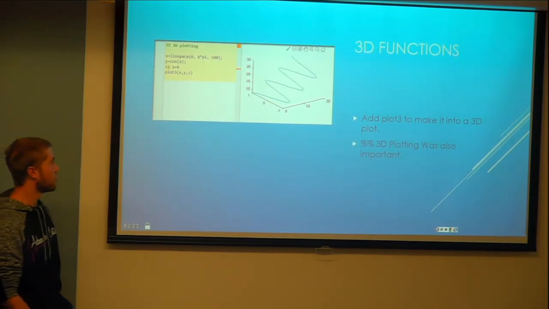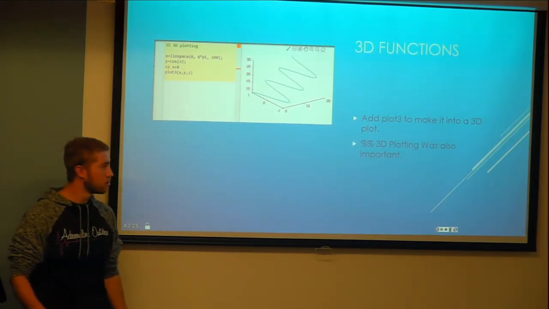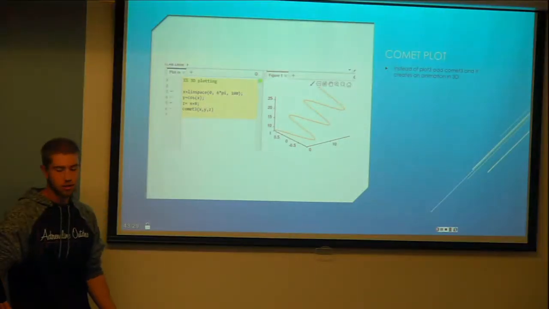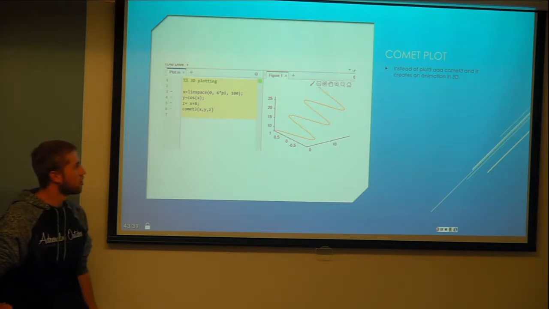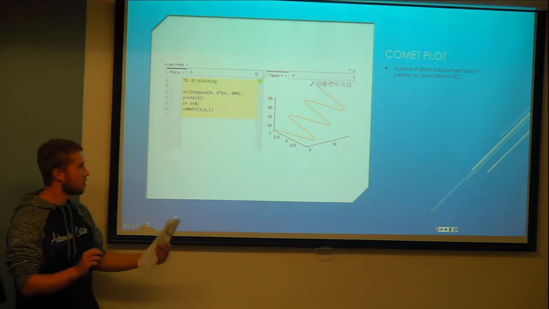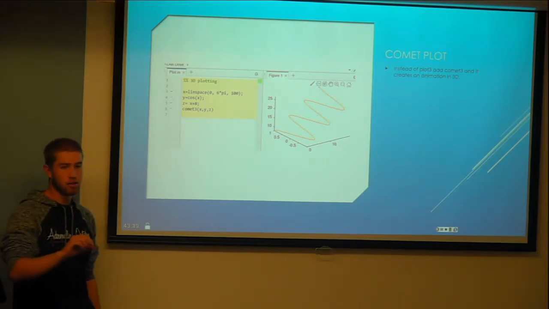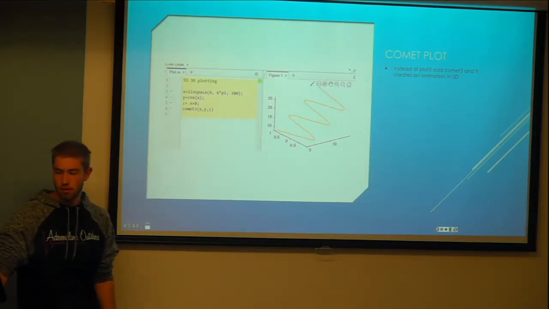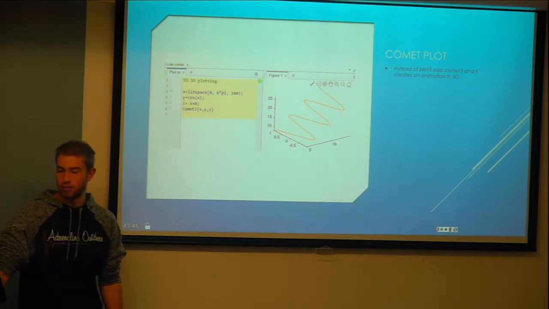That plot3 is what makes it into a 3D function. And then this is just something extra. It's the same function, except instead of plot3, I typed comet3, and you can't see it in the figure, but once you hit plot, it traces what the cosine of x would be. So it's just a little something extra.